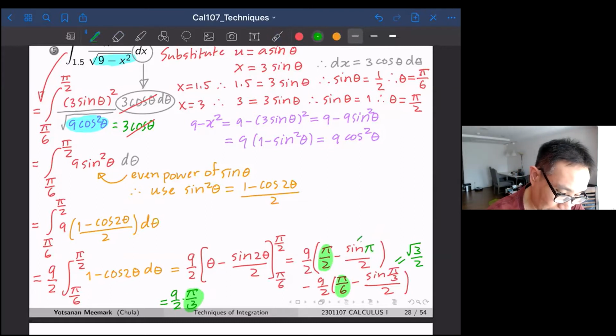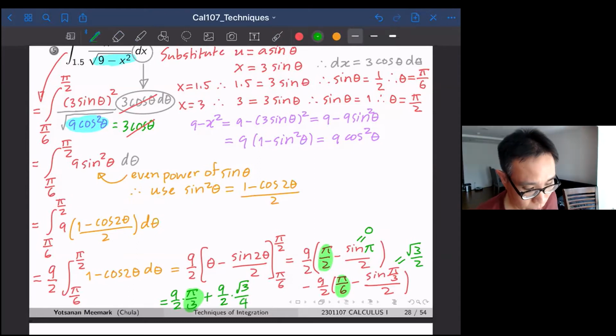And sine pi, the good news is it disappears, equal to 0, and you end up with 9, so this one is going to be plus 9 over 2 times root 3 over 4, so that will be my final answer. Okay, so that will be positive at the end.